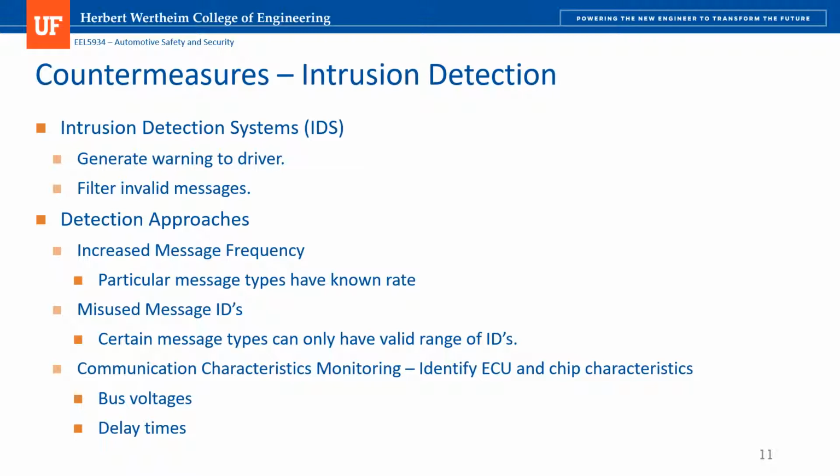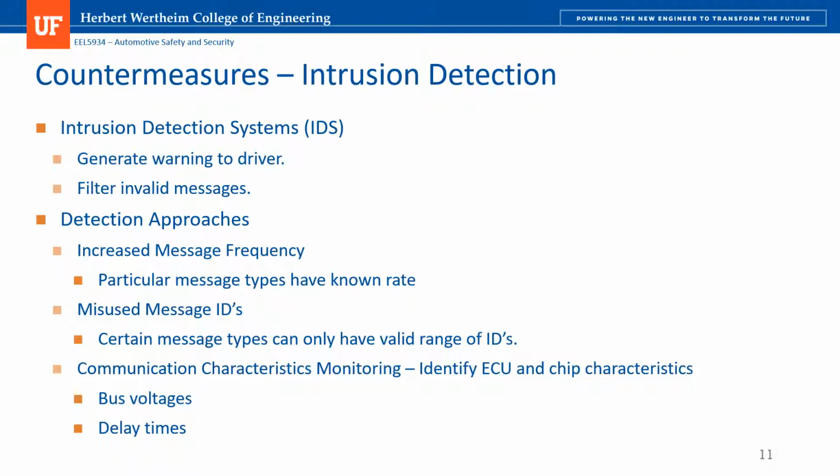And then finally they mention characterizing the communication, and this is an interesting one. This is kind of almost like a preventative side channel attack, where you would characterize the system with the bus voltages and the delay times between chips.